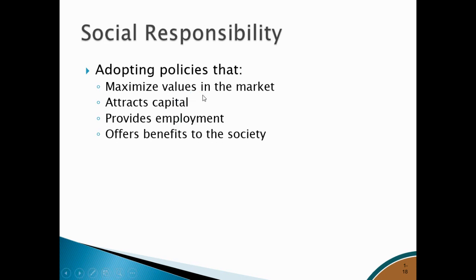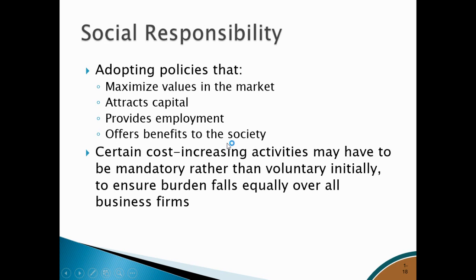That could be a goal. Attract capital: you want to attract foreign direct investment. Provide employment: when you start a company and expand a business, you want to give more employment to the locals. And of course, other benefits to society as well. For example, you are providing high quality products, and other such costs.